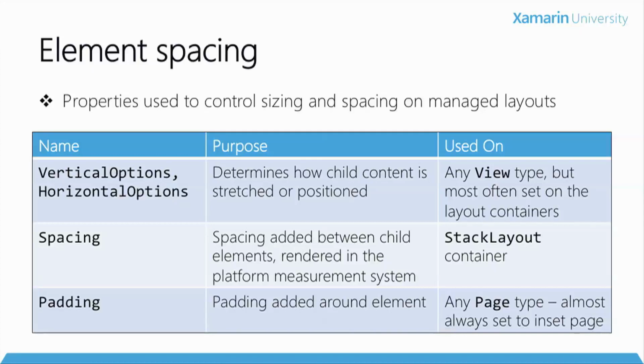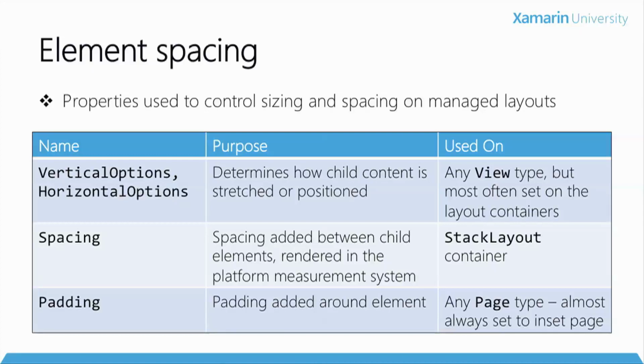They can request certain dimensions. We're going to talk about that in a second. Here we have a couple of properties that are available on different views. So we're going to start with the vertical and the horizontal options. With these two, you define how child content is stretched. That's available on any view type, but mostly you will use that on layout containers.